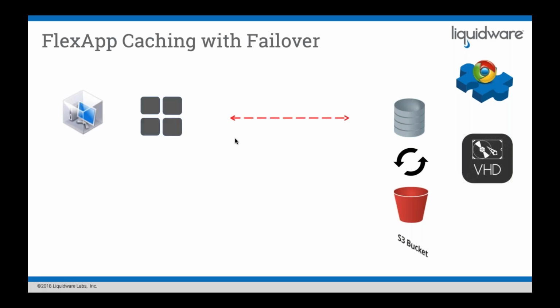So user reads from the SMB share. The failover works by determining where is the fastest location to get the block from. So in this case, the user is in the office, the SMB share is faster, so it's going to grab a block from the SMB share.